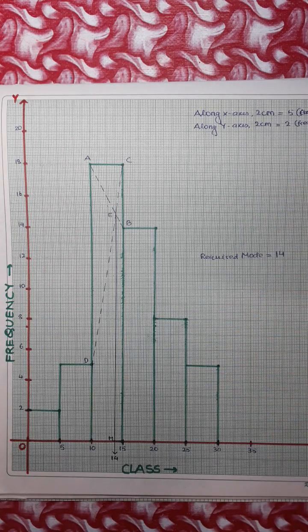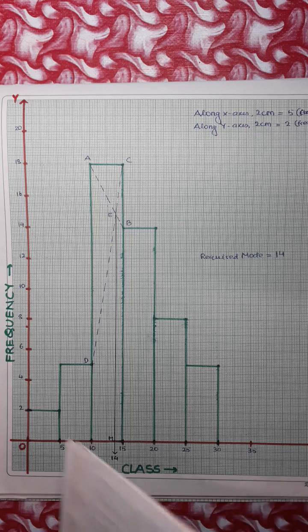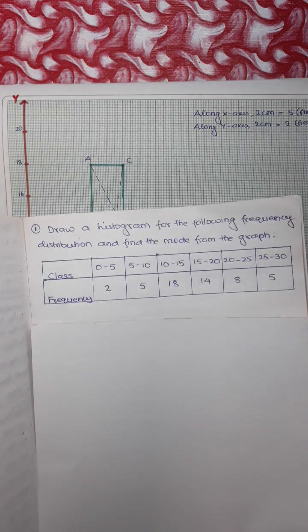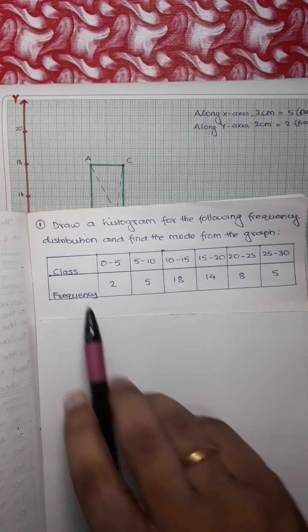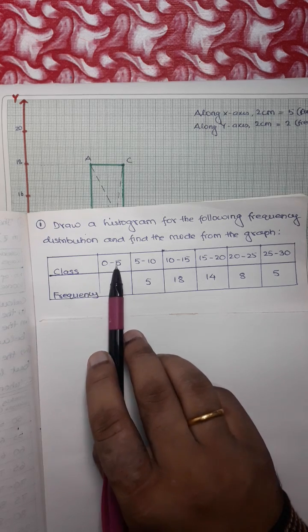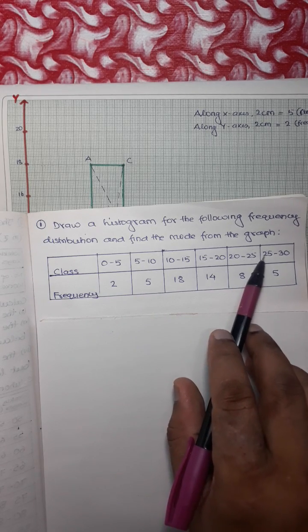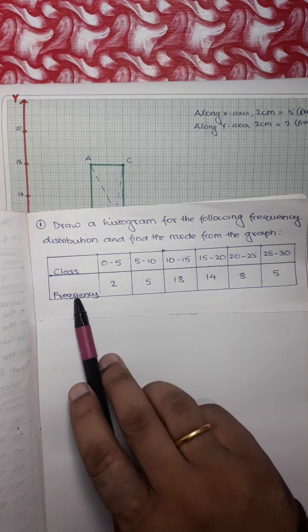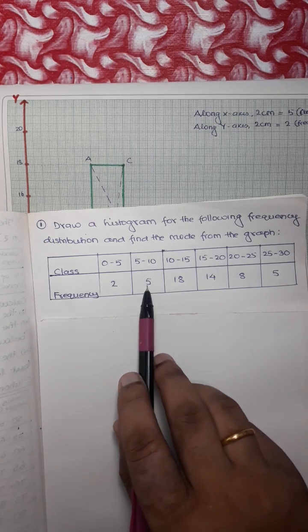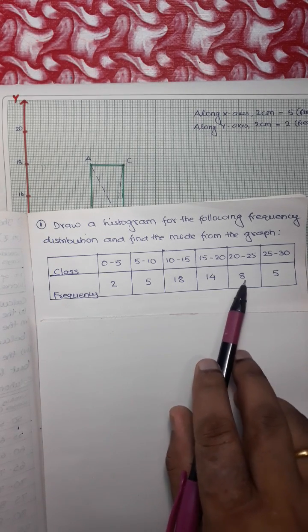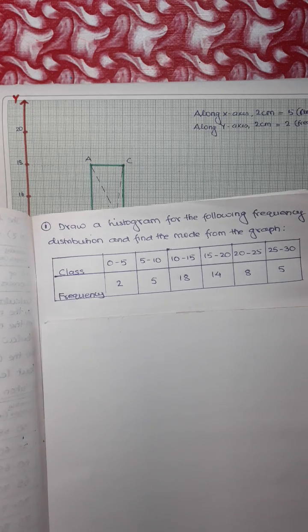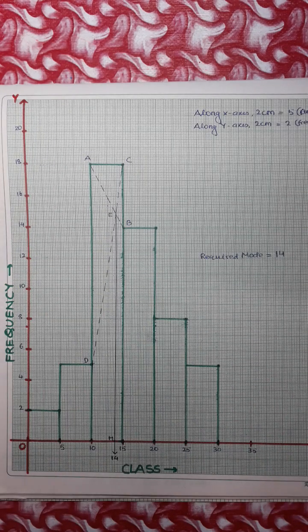Since in our question the classes were 0 to 5, 5 to 10, 10 to 15, 15 to 20, 20 to 25, 25 to 30, and the frequencies are 2, 5, 18, 14, 8, 5, I have drawn the graph like this.